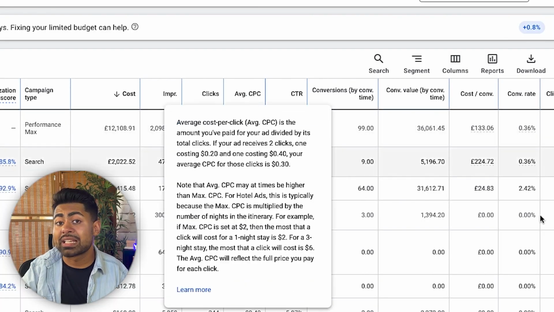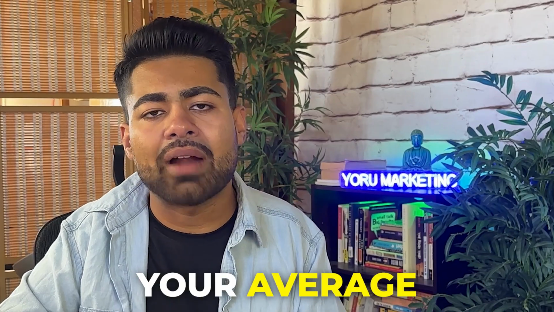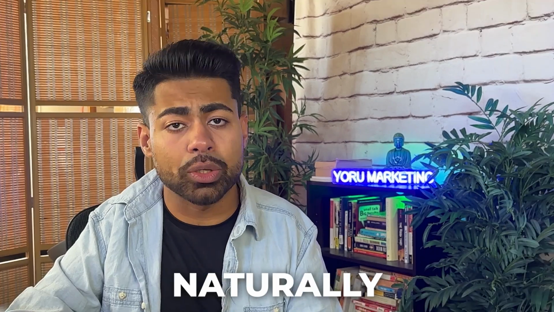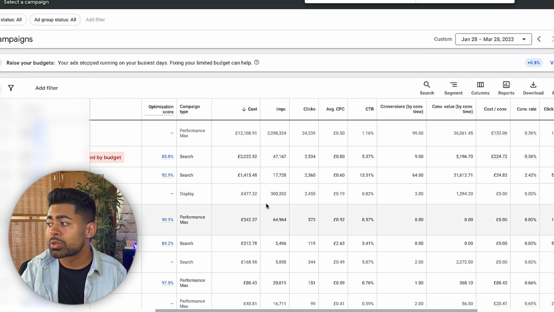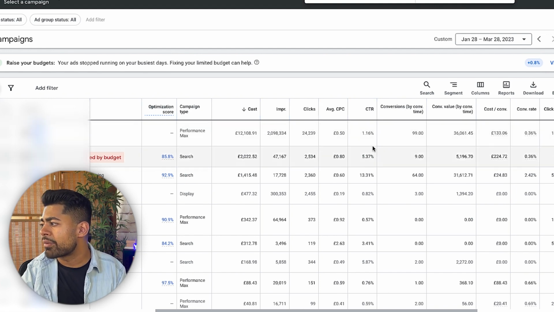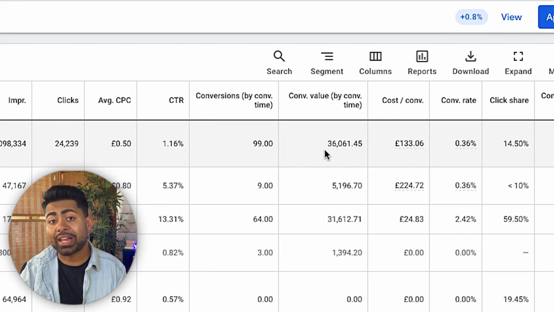The second thing, the average order value. It's not the CTR, it's not the CPC, it's average order value. And that's because the higher your average order value is, naturally you're gonna be able to spend more to get that same exact sale. So let's say, for example, our average order value here is $5,000.